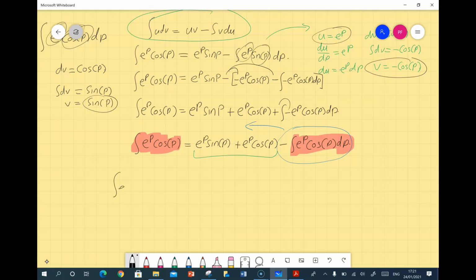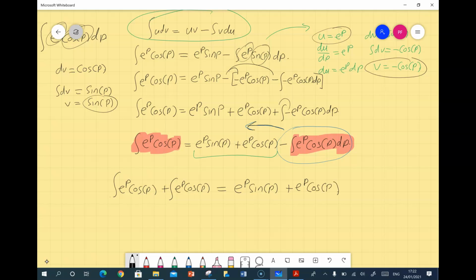I'd have my original e to the power of p cos p, and when my minus 1 comes over, he becomes plus the integral of e to the power of p cos p. And that's equal to e to the power of p sine p plus e to the power of p cos p.